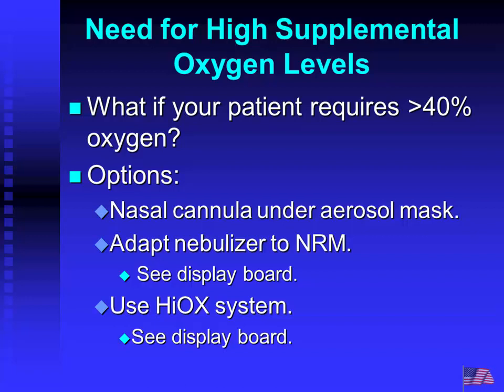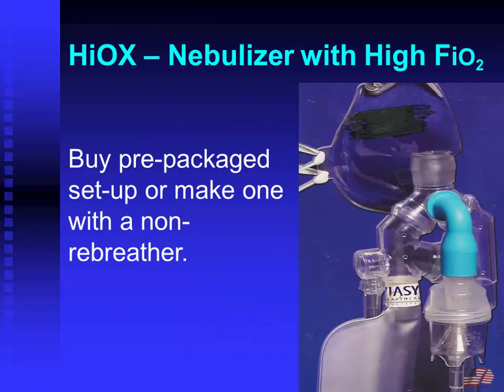We talked about the nasal cannula under the mask. We can adapt a nebulizer to a non-rebreather, or we can use a high oxygen system. There's a board we haven't pulled out yet, but we'll have it out so you can take a look at some of the modifications that can be made.